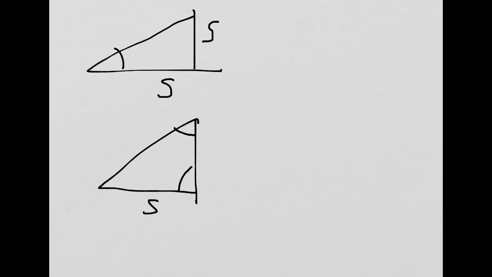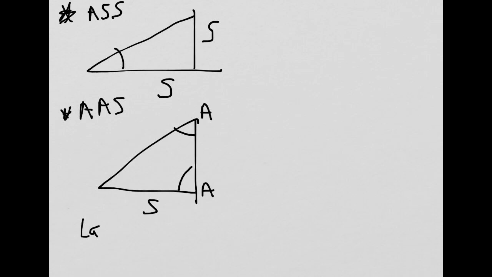So this top triangle here is going to be known as angle, side, side, showing that the angle is not included with the two sides. And this triangle here is angle, angle, side. So for those two, we're going to use the law of sines.